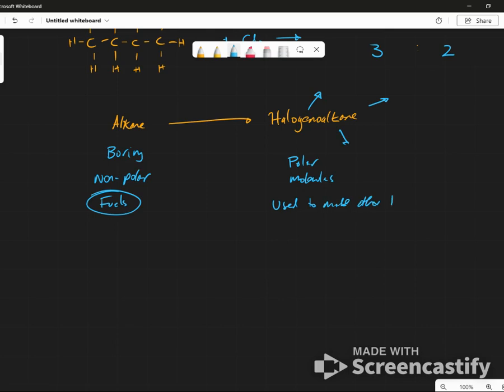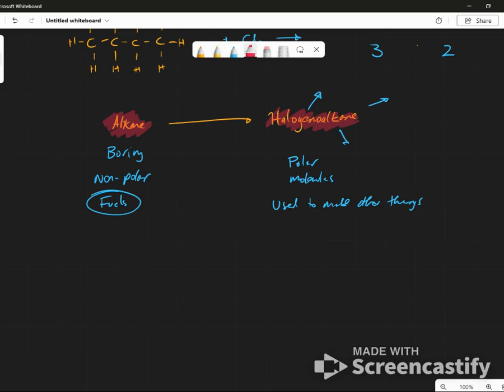So, and this is a big thing, if you're given an alkane, you can't do anything with it. What you've got to do is you must convert it to a halogenoalkane first. And then once you've got the halogenoalkane, you can do loads with it. So you must remember this.